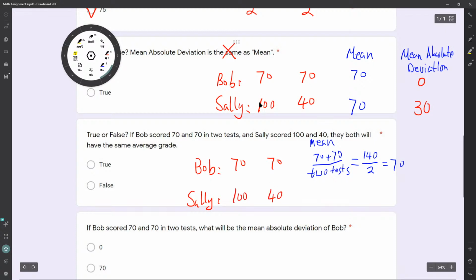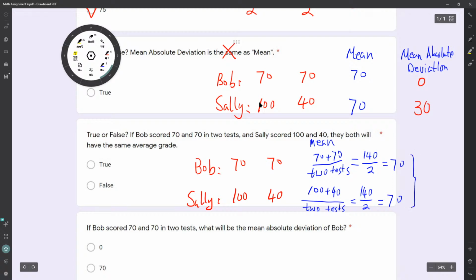And the mean for Sally will be 140 put together and then divided among two tests. That will be 140 divided by 2. That will be 70. So yes, they both will have the same mean or average grade. They will receive a 70. So this is true.